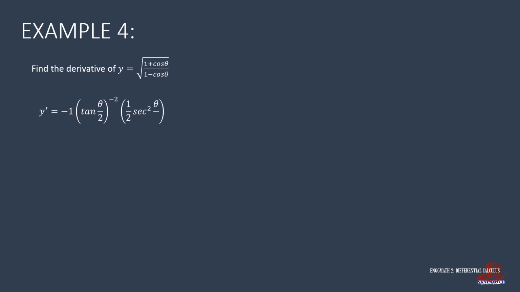So the final y prime is solved as negative 1 times tangent of theta all over 2 raised to negative 2 times half of secant squared of theta all over 2. We can use more identities to shorten our answer. So we convert secant squared as the reciprocal of cosine squared theta all over 2. And also tangent squared theta all over 2 can be expanded as sine squared all over cosine squared of theta all over 2.